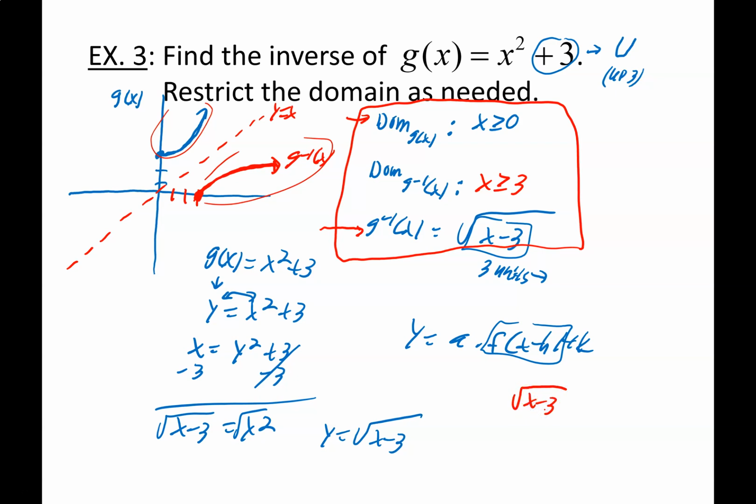When I have an x minus 3, remember that when you have a square root, we don't want to take the square root of a negative. That's not good for us. That gives us an imaginary. So we take the inside, make it greater than or equal to 0. You add 3, and you get your domain restriction for g inverse.